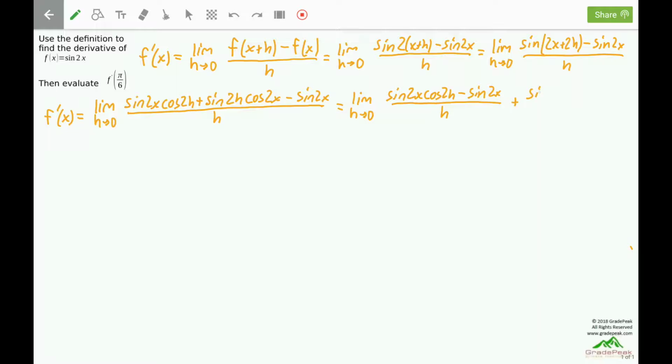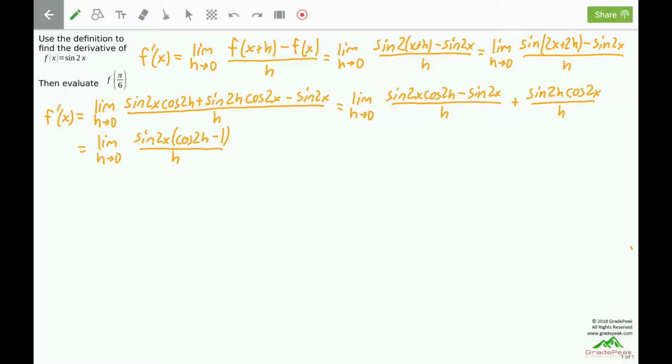That'll be the sine of 2h and the cosine of 2x. And all of that is over h. So we have the limit as h goes to 0. I'm going to factor a sine of 2x from the first fraction, giving us cosine of 2h minus 1. All of this is over h.